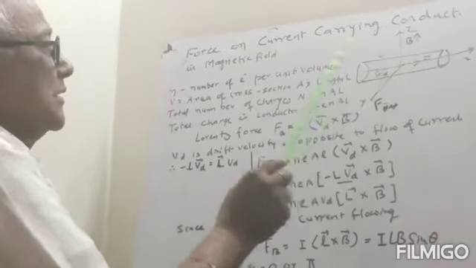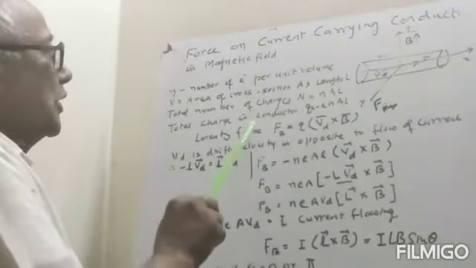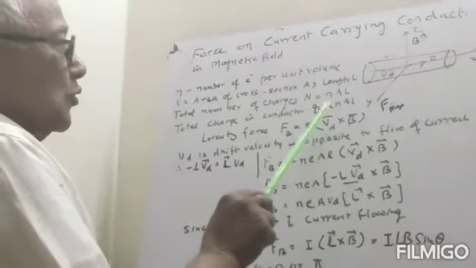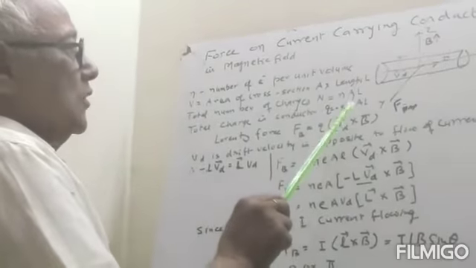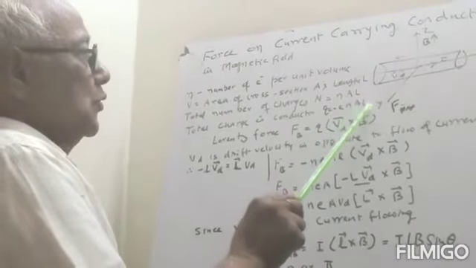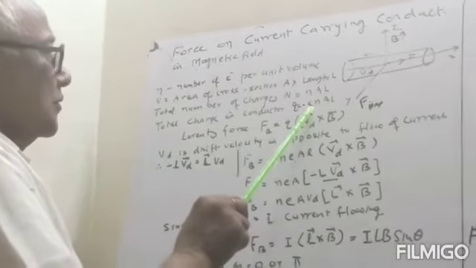We will multiply by the charge of the electron. So the total charge in the conductor Q is equal to minus e into n into A into capital L, where minus e is the charge of the electron.